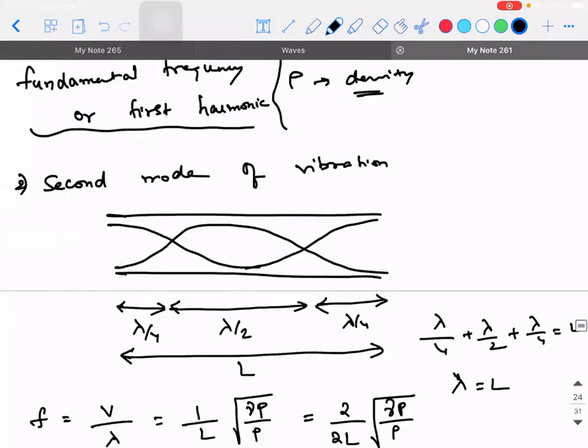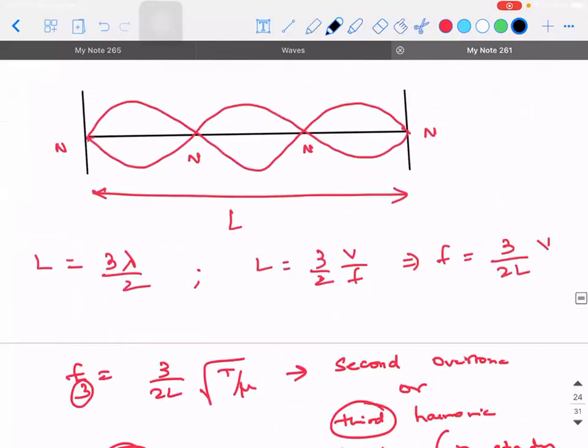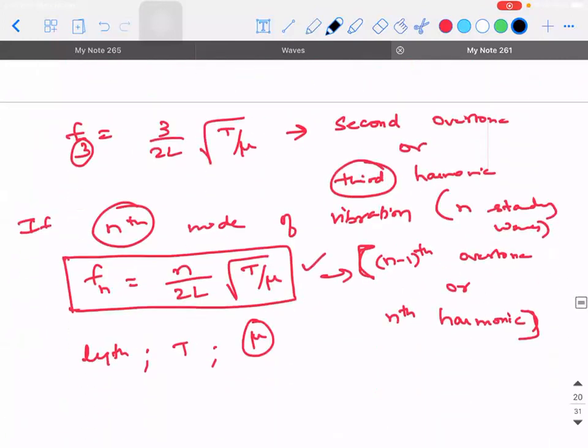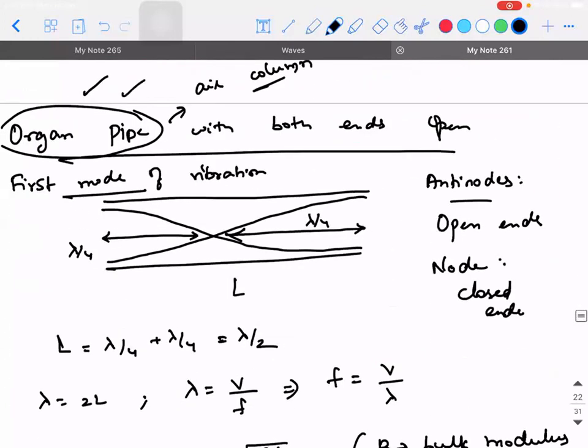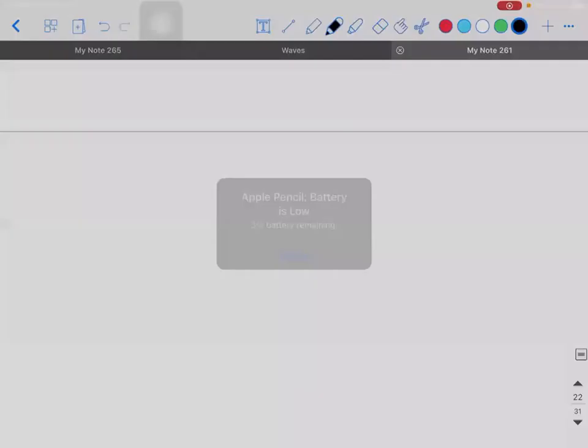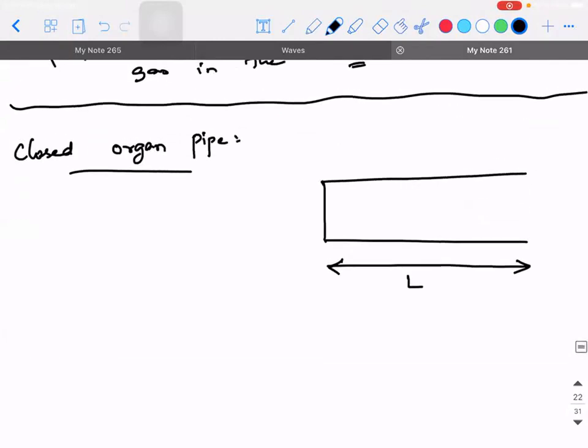But what do you think is going to be the difference? When I spoke about a string fixed at both the ends, it had nodes at both ends. Whereas when I spoke about an organ pipe, both the ends have antinodes. When I talk about a closed organ pipe, what do you think will be the difference? Since one of the ends is closed, one point will have a node and the other point will have an antinode.